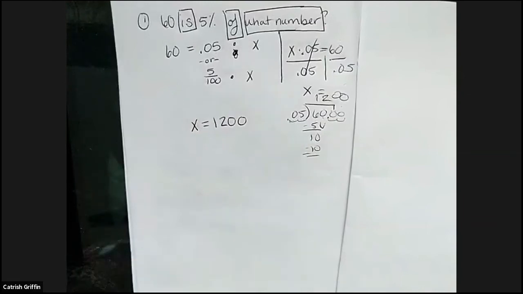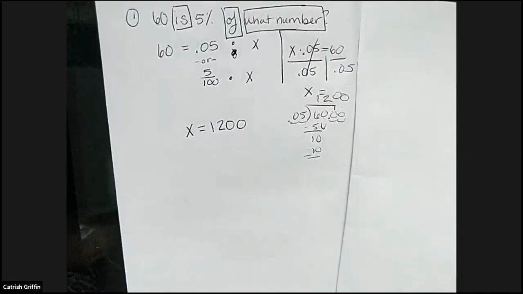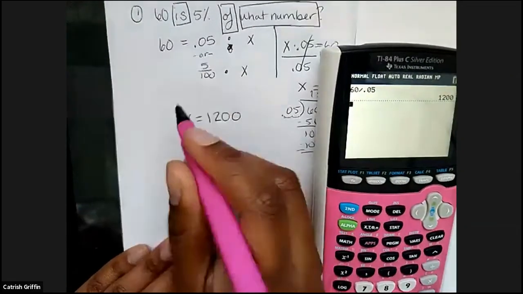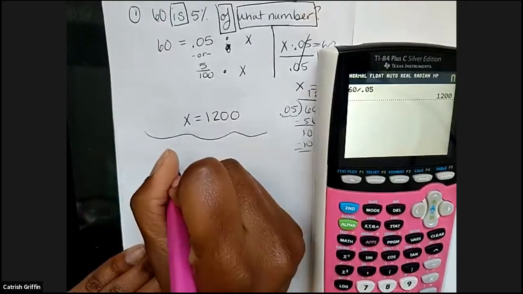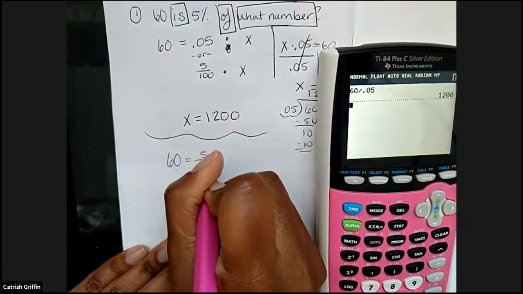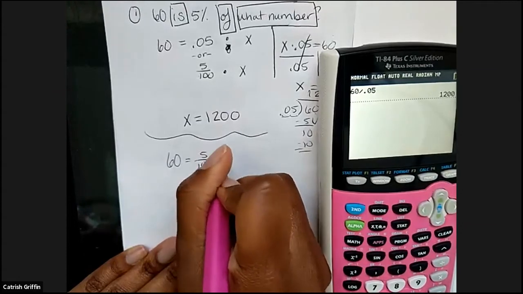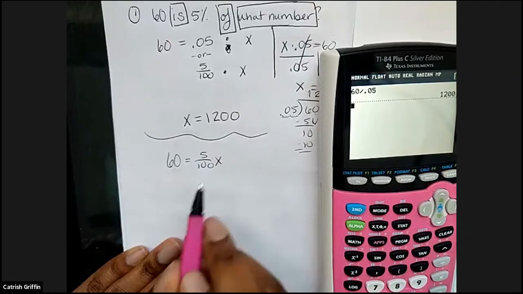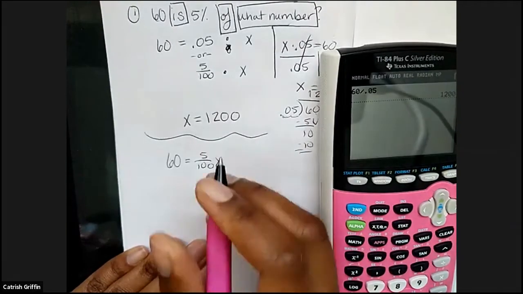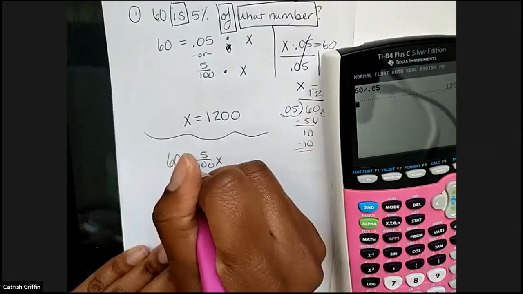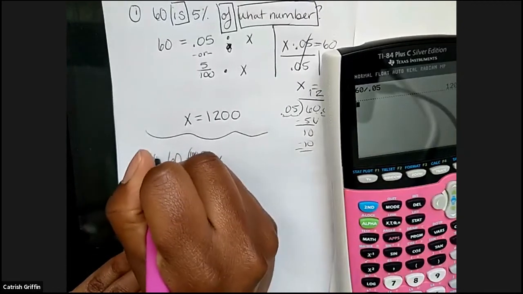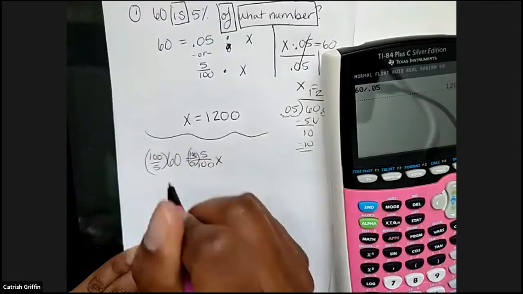And so if you were putting this into your calculator, if I was solving this using a fraction and putting it into my calculator, it would look a little bit like this. I would have 60 is equal to 5 over 100 times X. In order for me to undo this multiplying by a fraction, I need to multiply by the reciprocal, which means that I'm multiplying both sides by 100 over 5 there and 100 over 5 here.